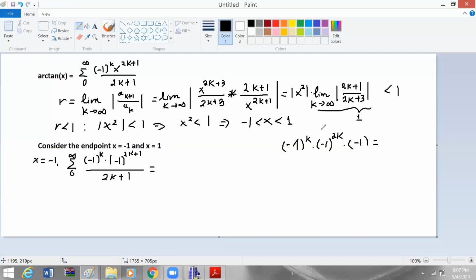So (-1)^k times (-1)^(2k), so we're going to have (-1)^(3k). We want to make sure that we determine whether it is positive or negative. It's really important. If we determine the wrong terms, then we're going to get it wrong. So for that example, the whole series here will be (-1)^(3k+1).